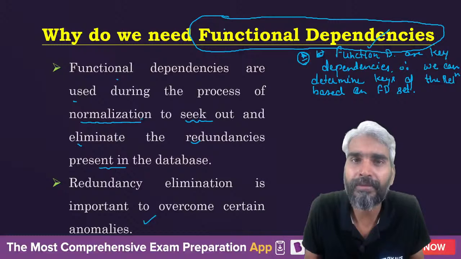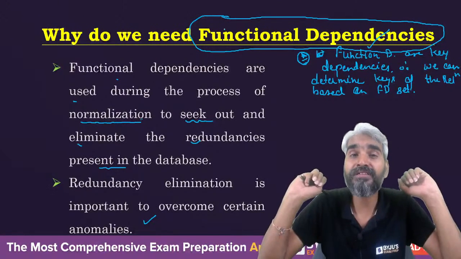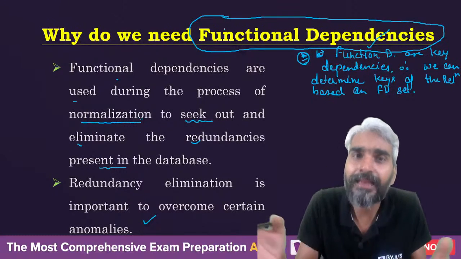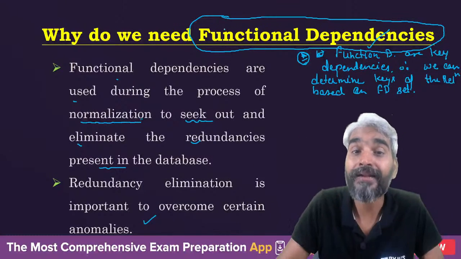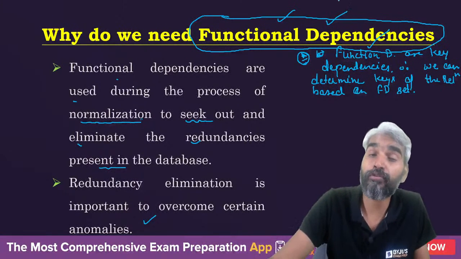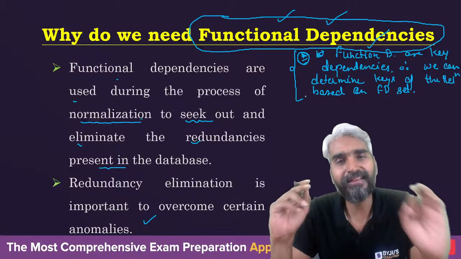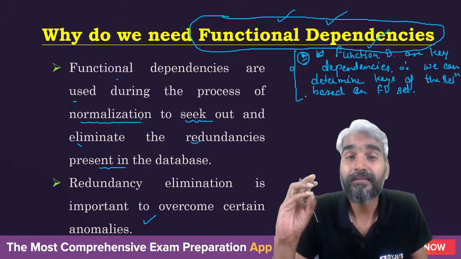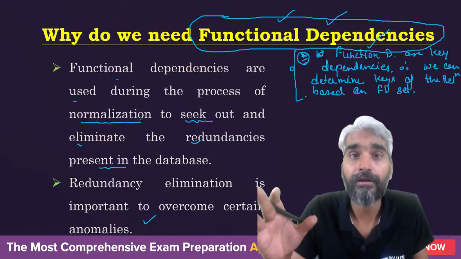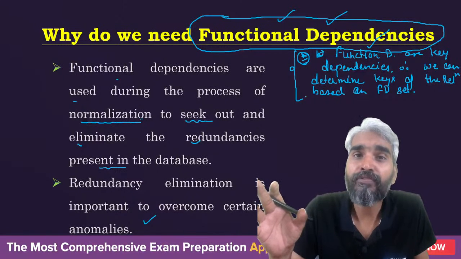What do you mean by normalization? We will eventually decompose the database so that the redundancies are eliminated. But in order to do that, you will have to know the functional dependencies. So functional dependencies do not only give me the keys of the relation, but play a very important role in the process of normalization.